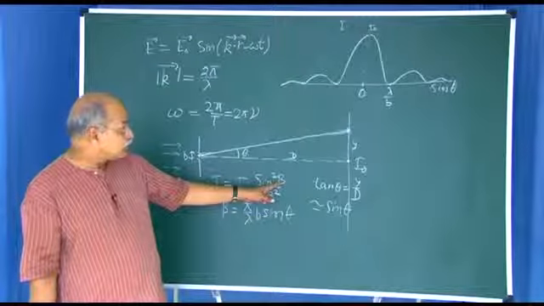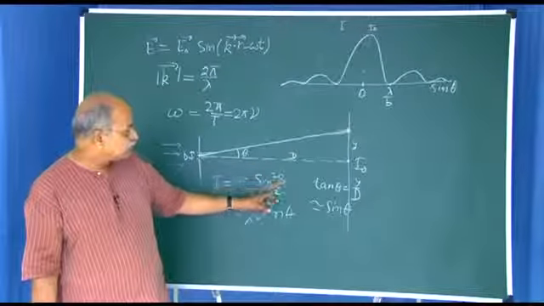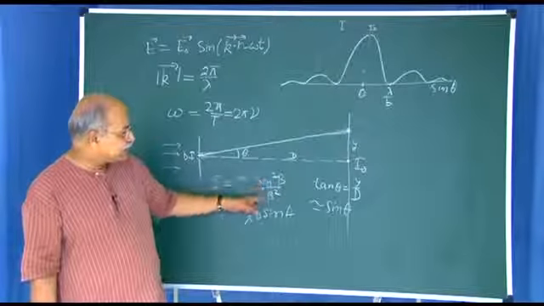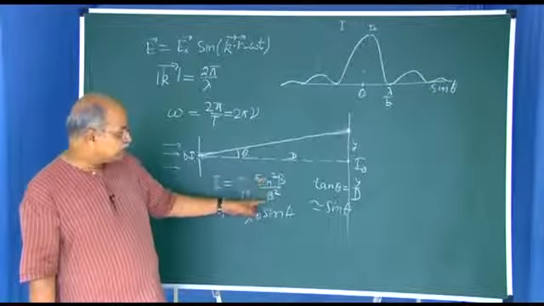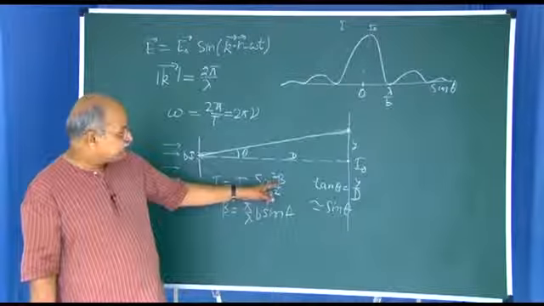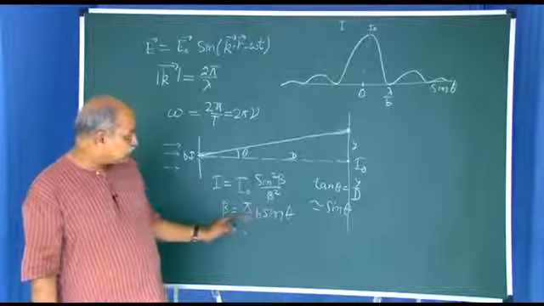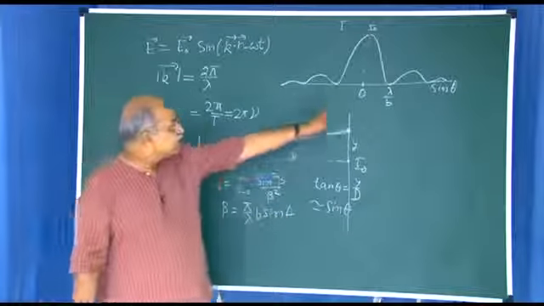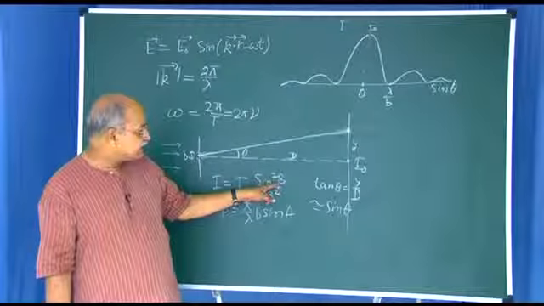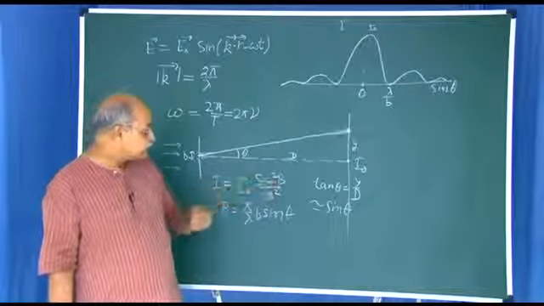When beta is 0, then sine beta is 0, but here also you have 0. So, this takes the form 0 by 0, and in the limit this will be 1. So, I is equal to I naught when beta is 0, and beta is 0 when theta is 0. So here it is I naught, and then when beta is pi, sine of pi is 0.